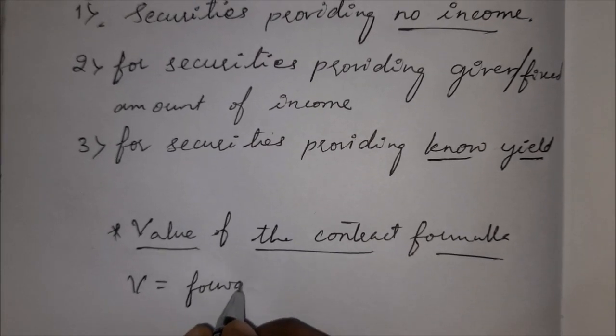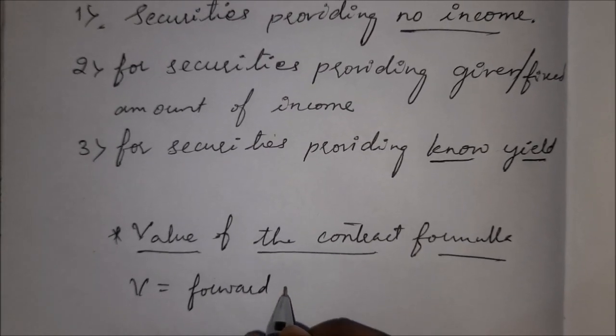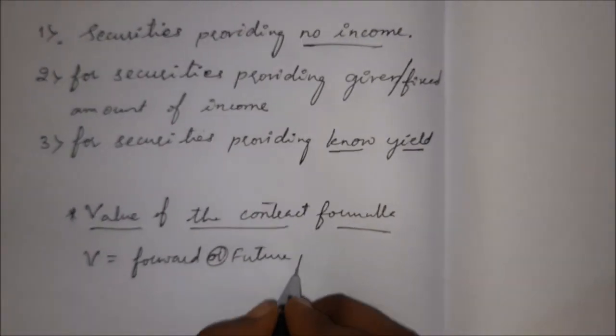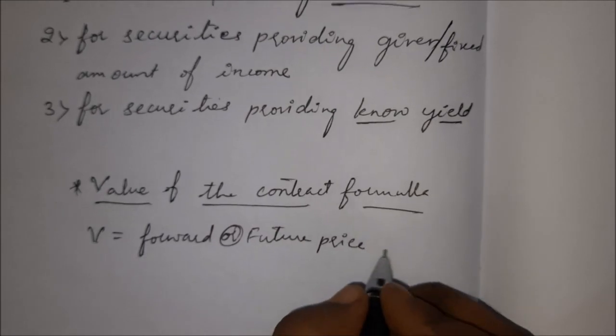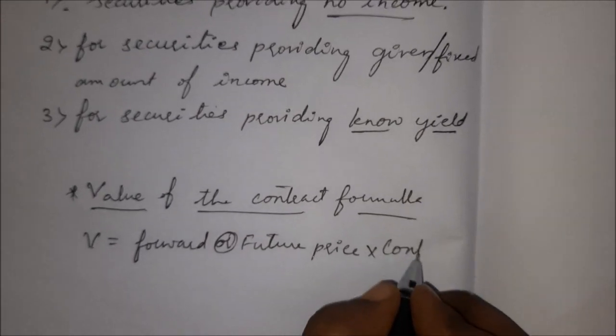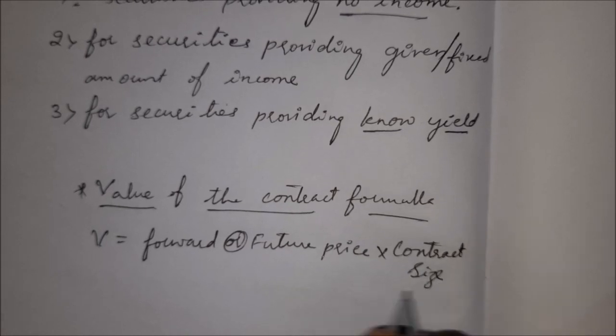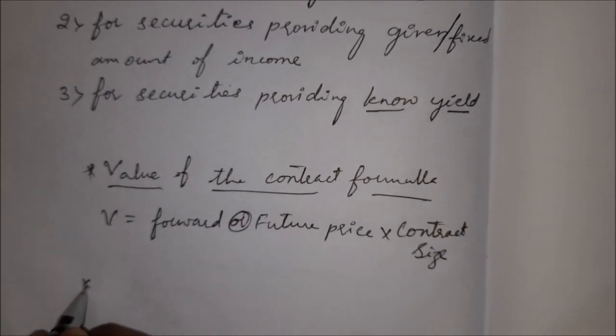That is the formula for calculating value of the contract. V is equal to forward or future price, whatever you have calculated, into contract size, or you may say the number of securities.